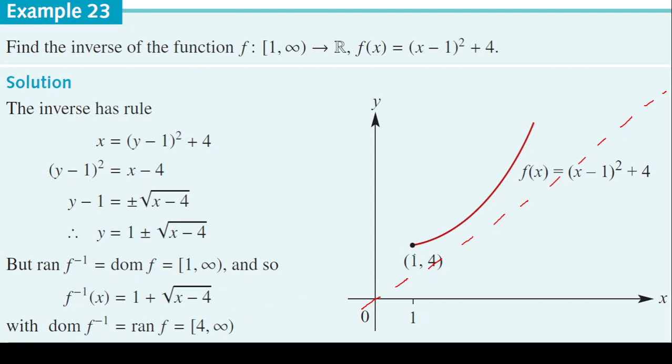So here I have 1, 4. If I swap around the coordinates 1, 4, I will get 4, 1. That should be somewhere over here. Now the Cartesian plane is not scaled properly, okay, so 4, 1 does not look really close to the 1, so just ignore that for a second.